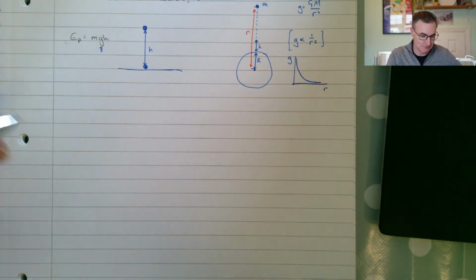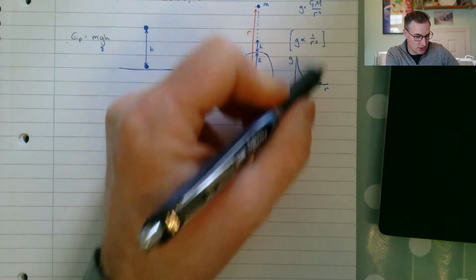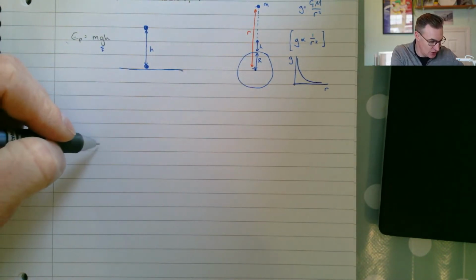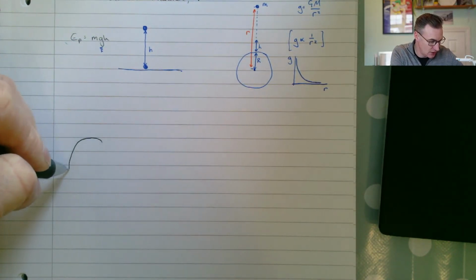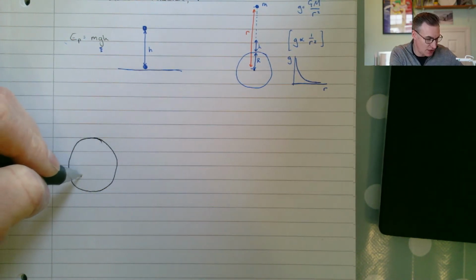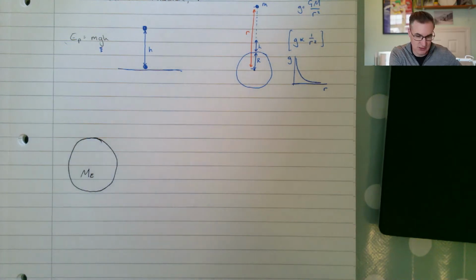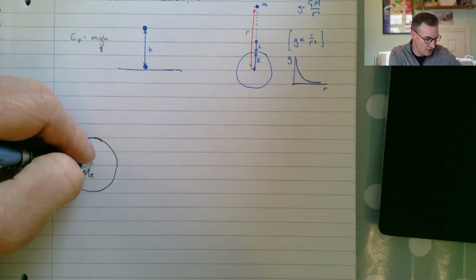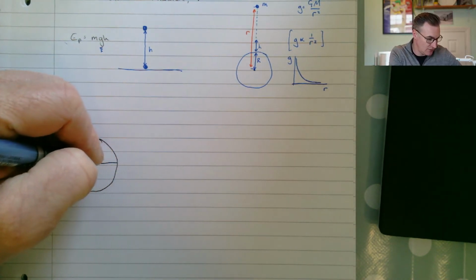from the start. So if we were to have this scenario, I'm going to just redraw this down here. So we'll have our planet. Let's just say it's Earth. The planet will have a radius.